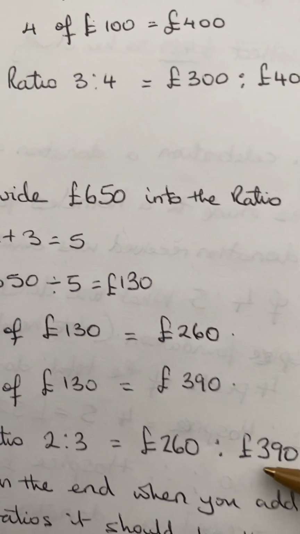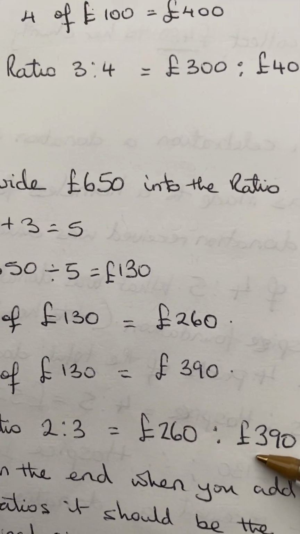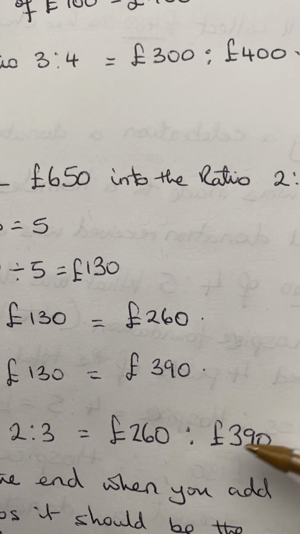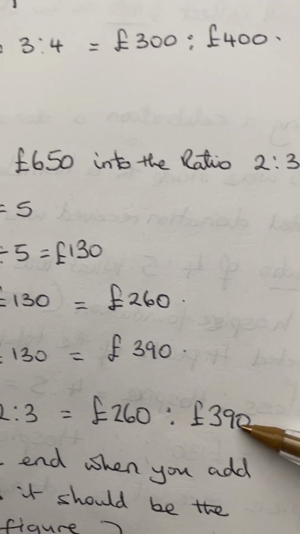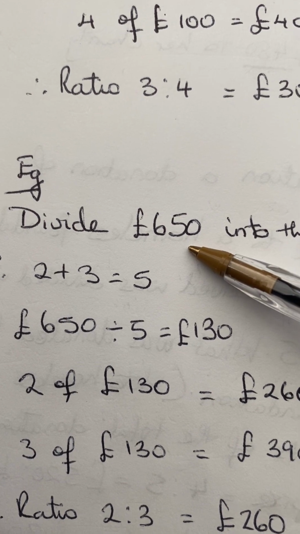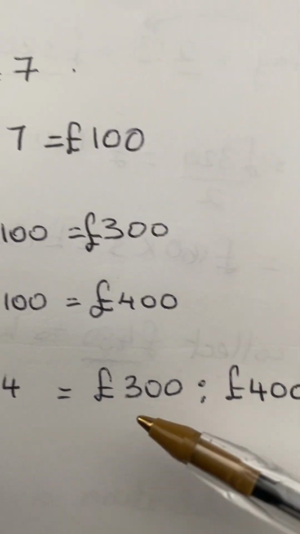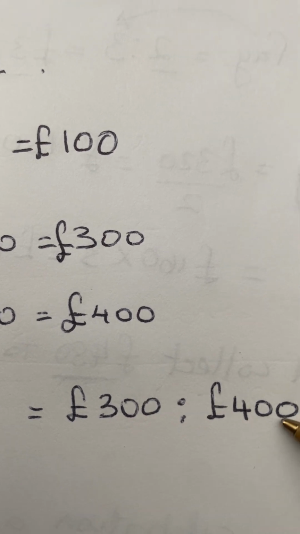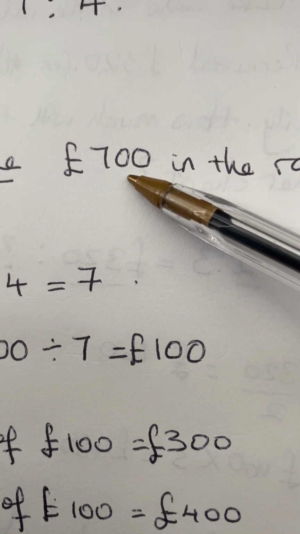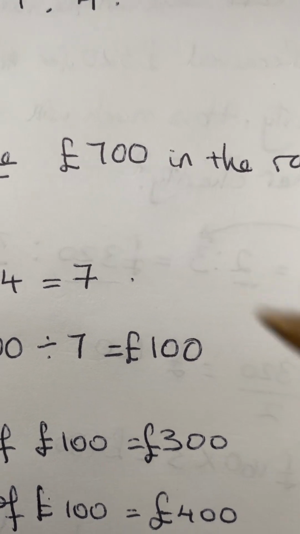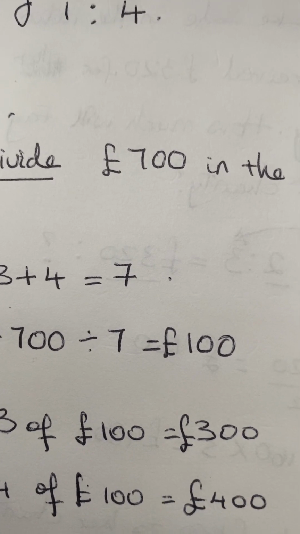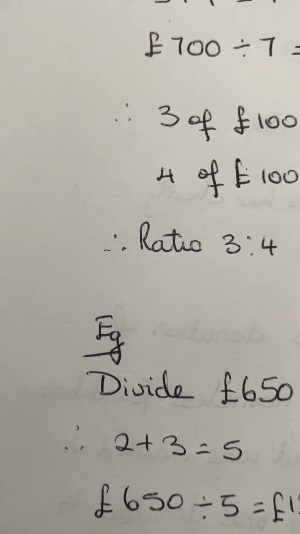So the only way you will know that you did the right thing is when you add both the parts you divided the money into, it should add up to the original amount. Okay, so here 300 add 400 will add up to 700, which we started with. Otherwise, there's something wrong. Assuming you got 720, then maybe there's something wrong with your calculations. You should quickly go back and check it.